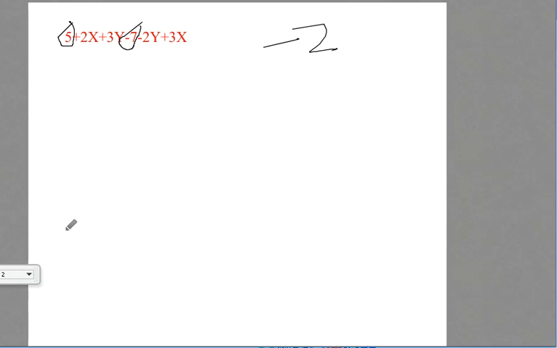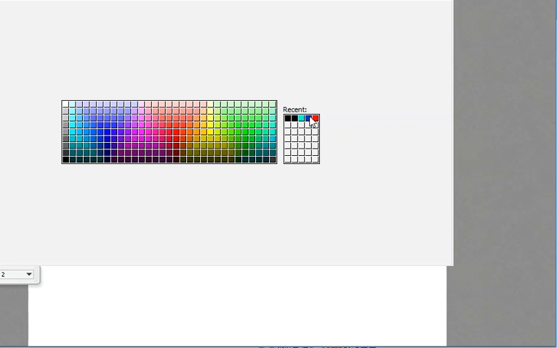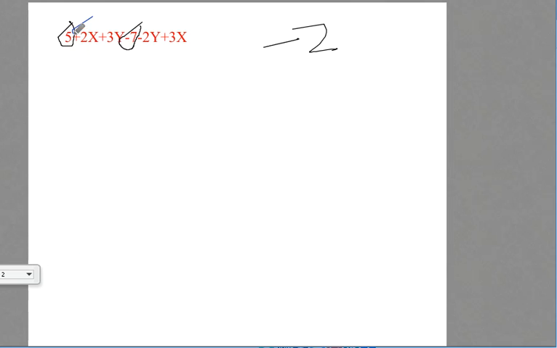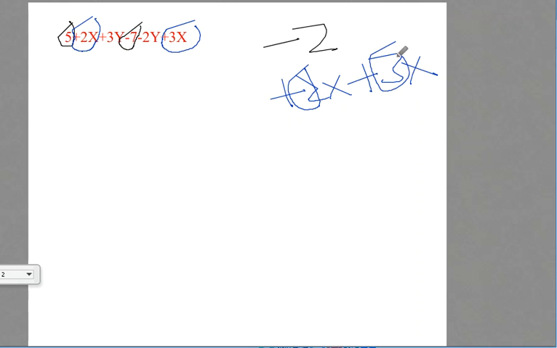So we also have a positive 2x, and we have a positive 3x. Positive 2 plus positive 3 is 5x. And then we have a 3y.